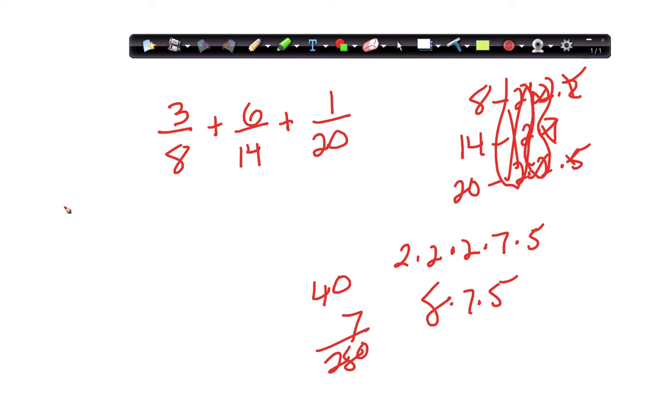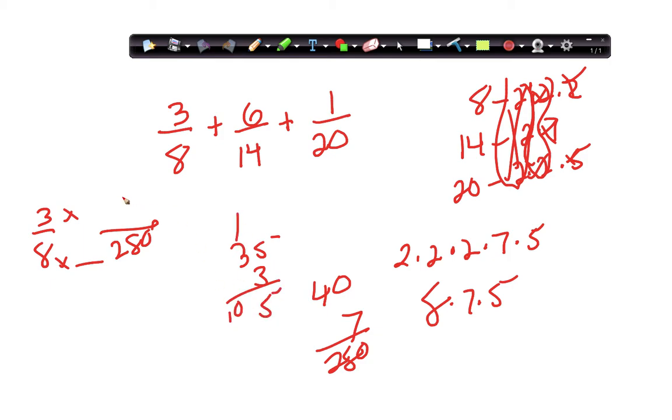So we would do 3/8 times something is 280 times something. Let's see, so that's times 35. 3 times 35 is 105, so 105/280.